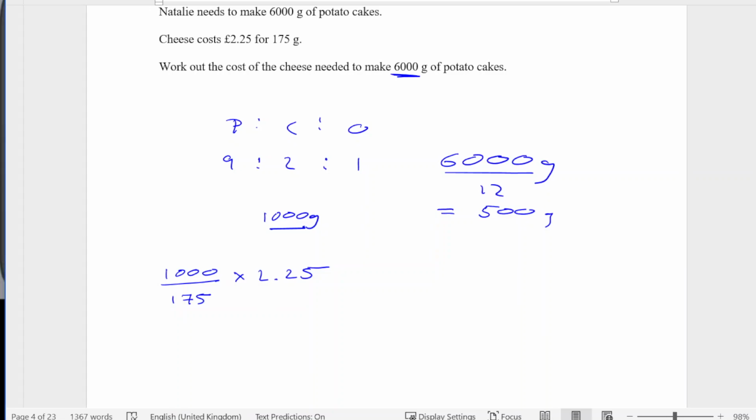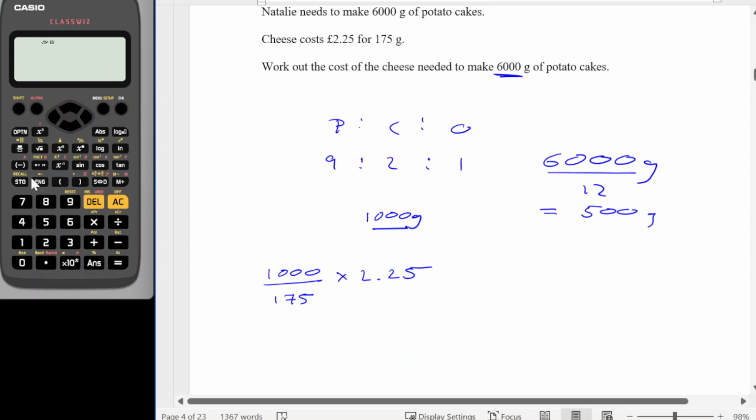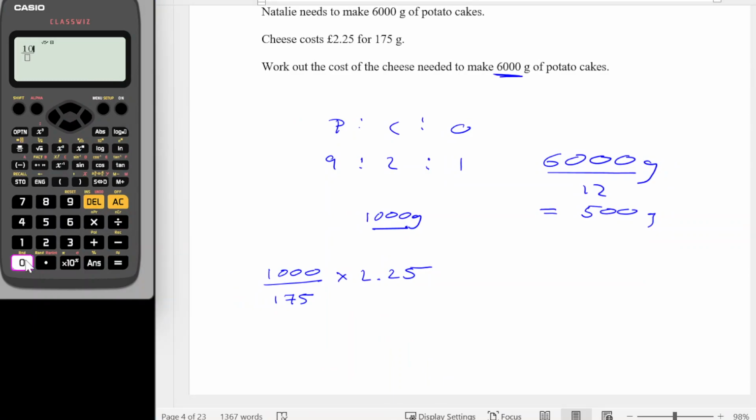If I can bring my calculator up, we can anyway. Right, so I'm going to type it in just like that. A fraction, 1,000 divided by 175. And then I'm going to times that answer by 2.25. I typed something in wrong. Let's have a look. There we go. I missed out my multiplication.